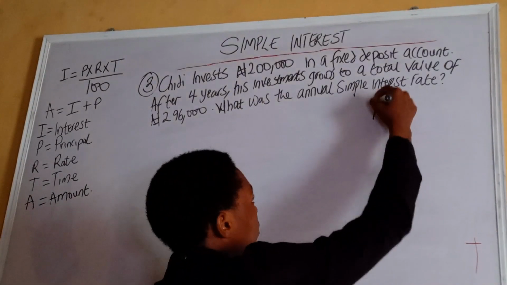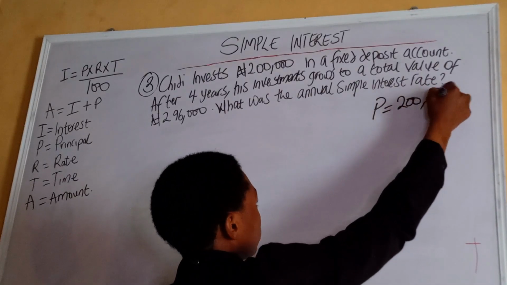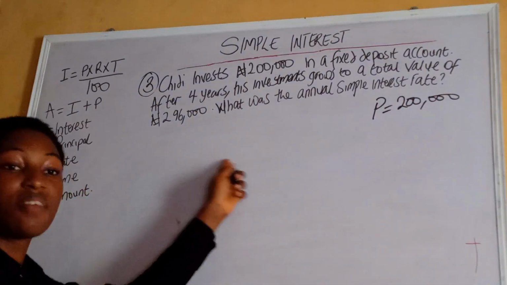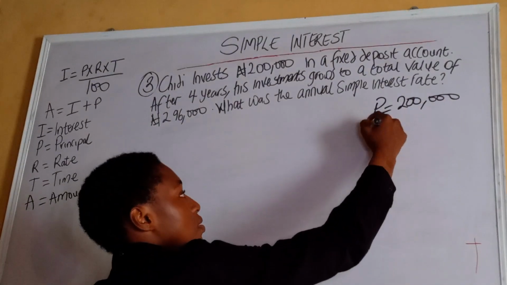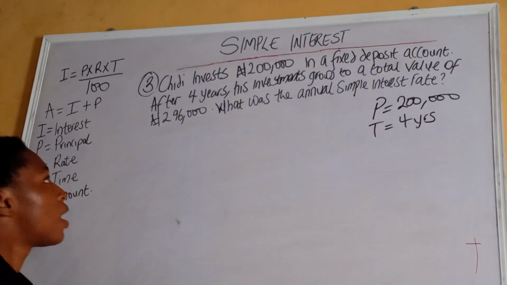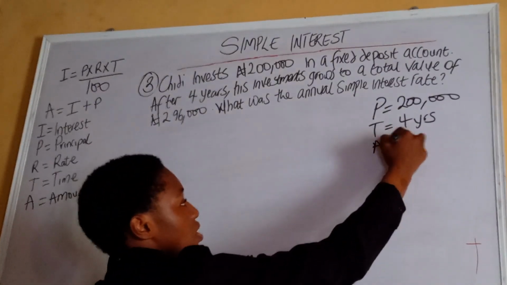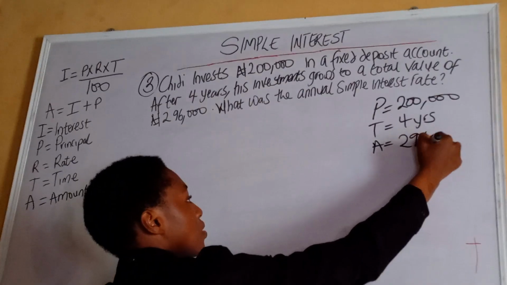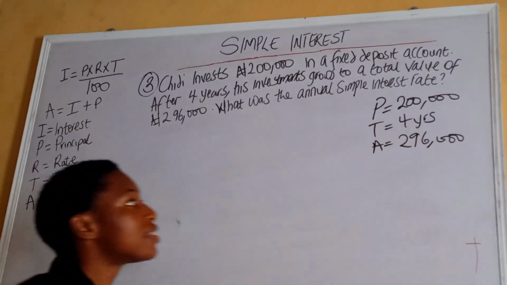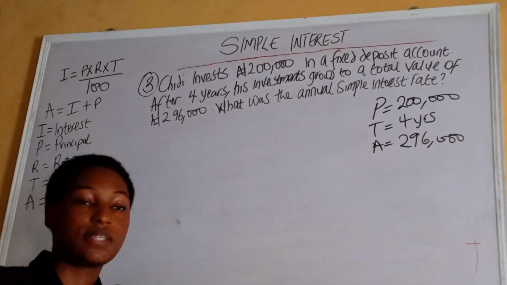Our principal is 200,000. They gave us time, that's 4 years, and they gave us the total amount, which is 296,000. They're asking us to find what the interest rate is.